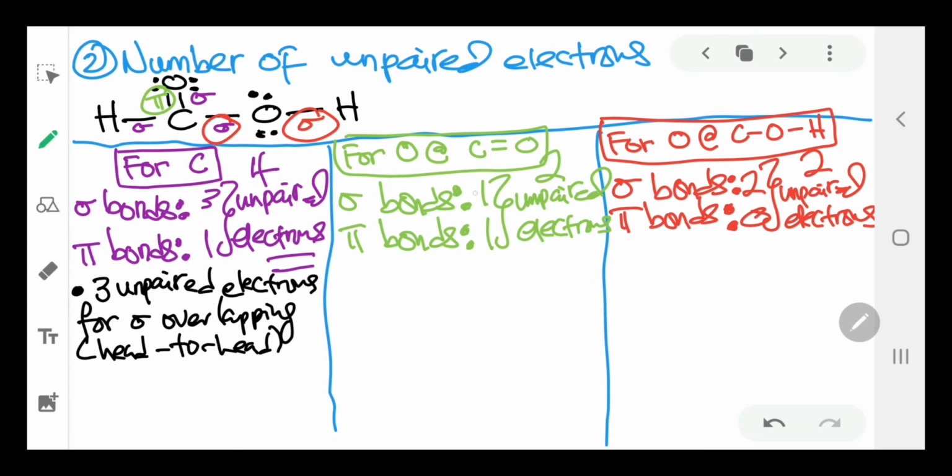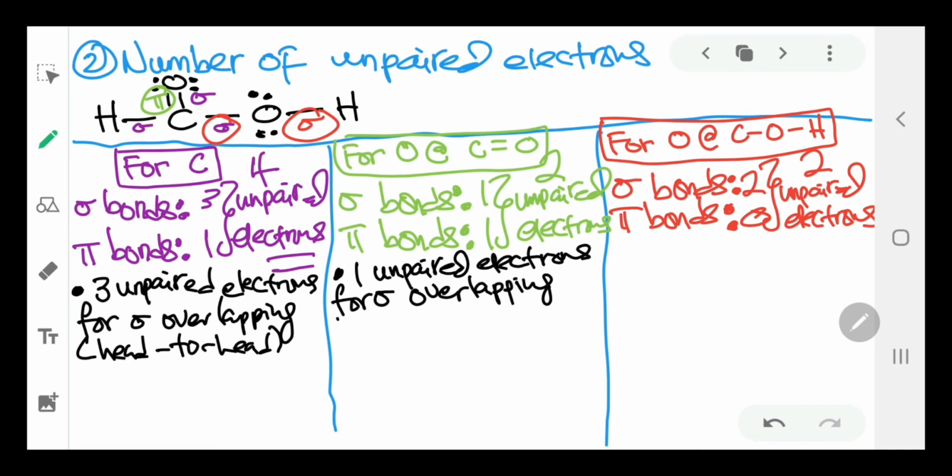Okay, here it needs to have 1 unpaired electron for sigma overlapping, head to head.